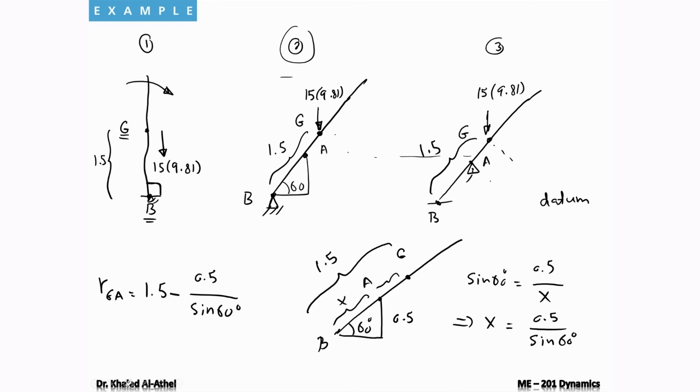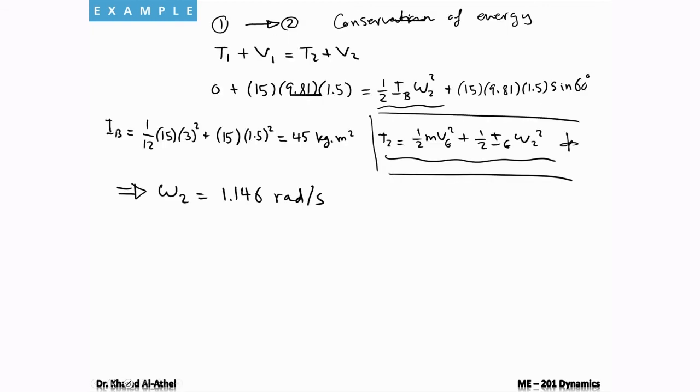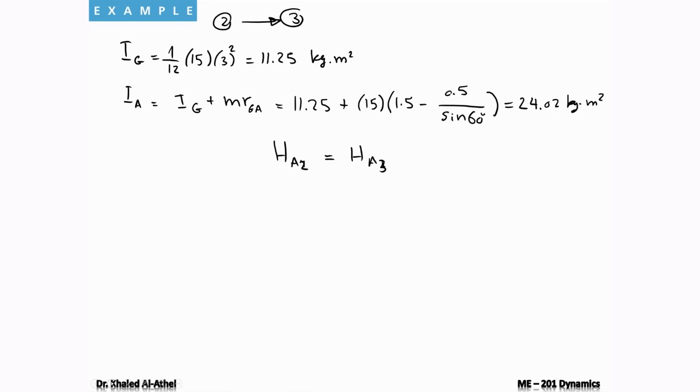Okay, so what do I have now at the first one? This is when the object was rotating around B. Keep in mind, the rod was falling down and it was rotating around B before it hits A. Before it hits A, I'm going to have velocity of G like this. I'm going to have omega 2 like this. So let me write this part first. So I have two components.